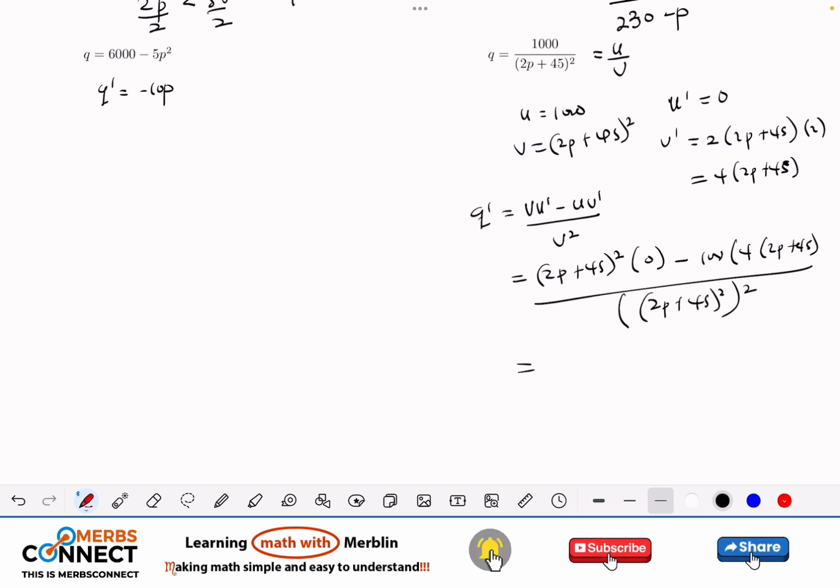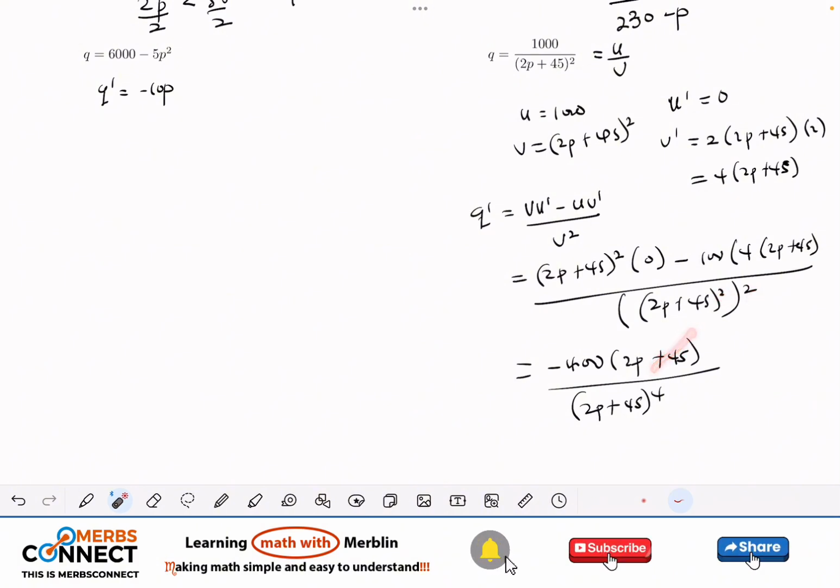So fortunately for us, this one goes to 0. So we are going to have minus 4000 times (2P plus 45) divided by (2P plus 45) to the power 4, because of 2 here, 2 here.